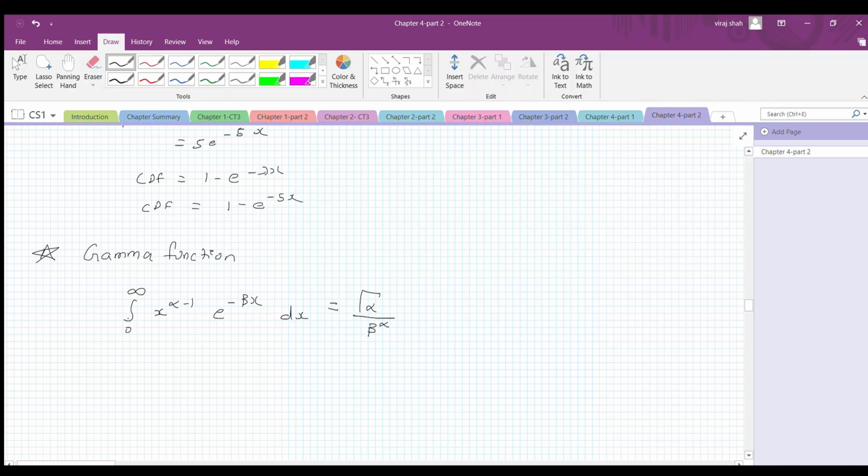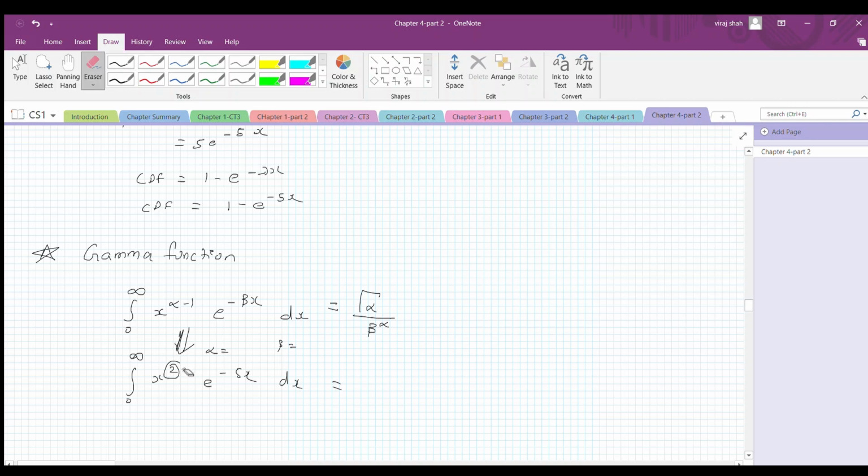So let's take an example to understand. If my value is x raised to 2 e raised to minus 5x dx, then if I compare these two equations, what would be my alpha and what would be my beta? Guys, take care. This is 2 and I want alpha minus 1.